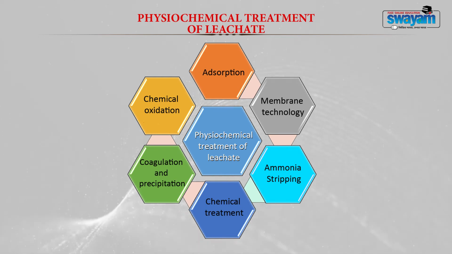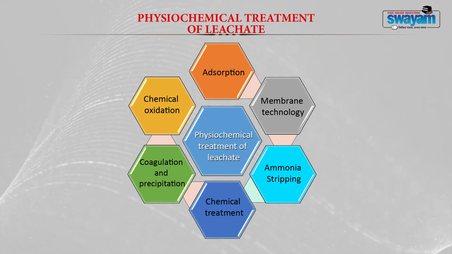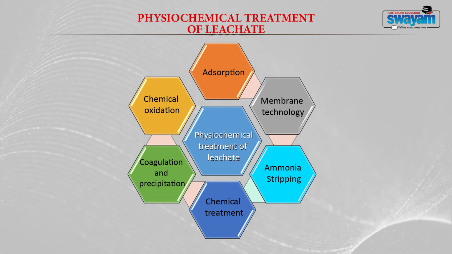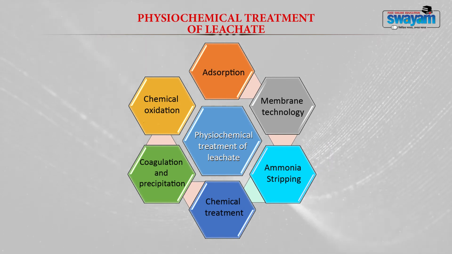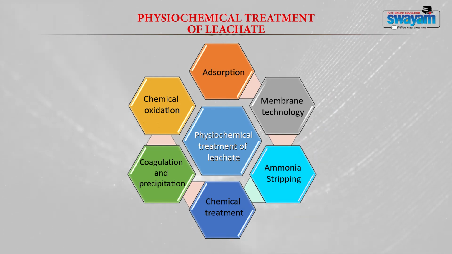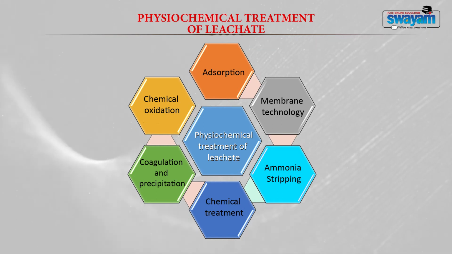Here a point to remember is, when you select an oxidizing agent, you should check its oxidation ability and then select it, because the higher the oxidation ability, the better the oxidation process. This method is generally preferred when you have a low BOD to COD ratio, which indicates low biodegradability of your landfill leachate. Oxidants like chlorine, potassium permanganate, ozone and calcium hypochlorite are popularly used in the chemical oxidation process.